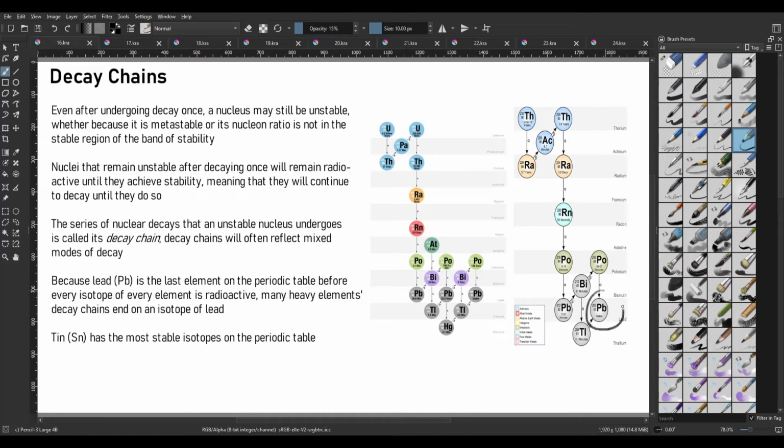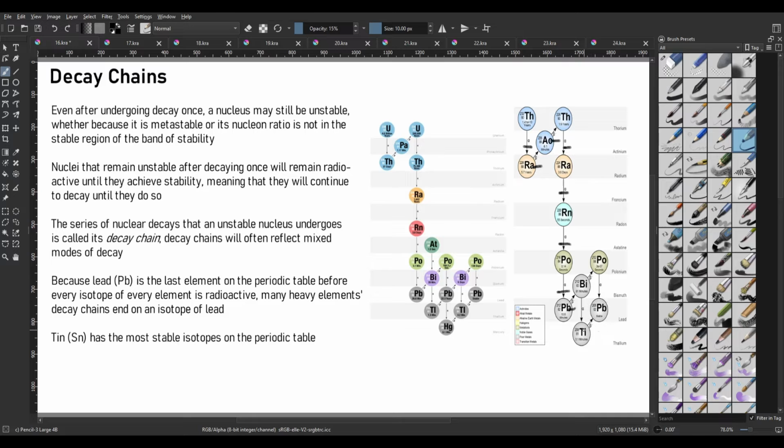But a lot of the stable isotopes for heavier elements, they're going to land on lead after decaying. And we can see these little emission markers here, mixed modes of decay. This one, thorium, alpha, beta minus, alpha, alpha, alpha, alpha, beta minus. Then it goes beta minus or alpha, then beta minus to alpha, and then it'll do a lead.